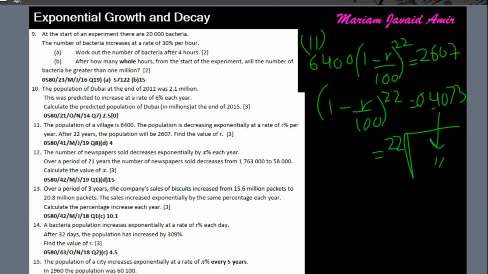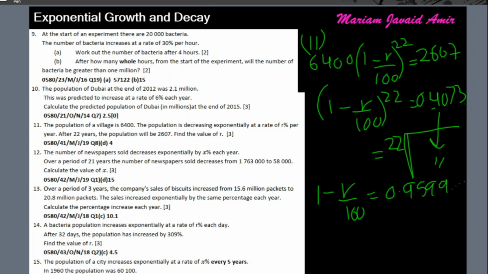22nd root of answer, which is, this is 1 minus R over 100 equals to 0.9599 and so on.